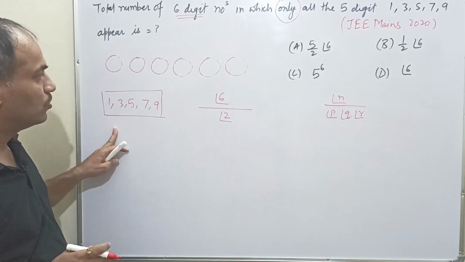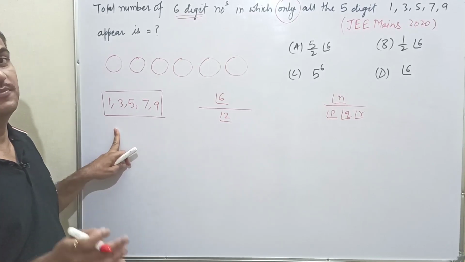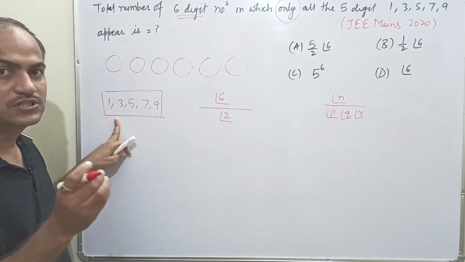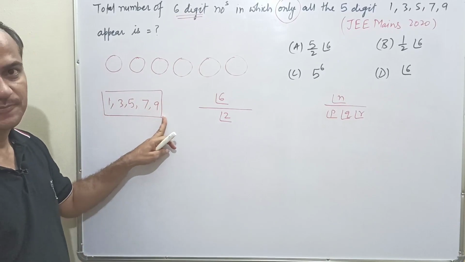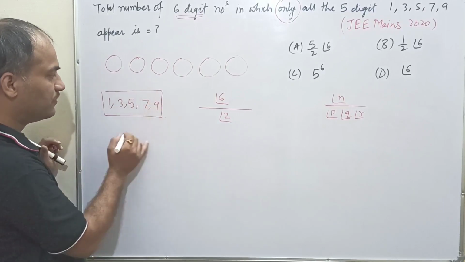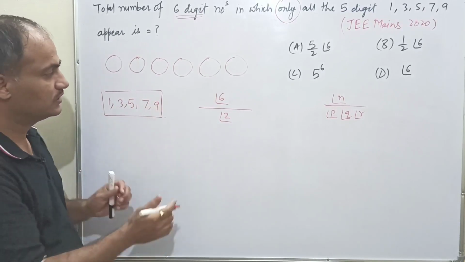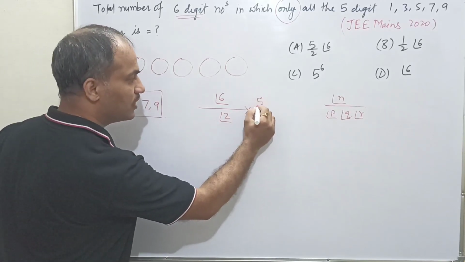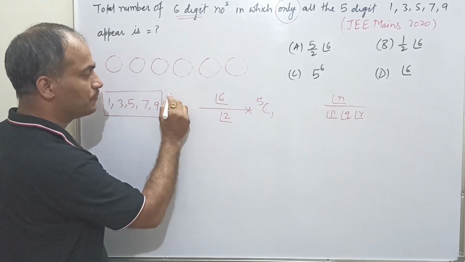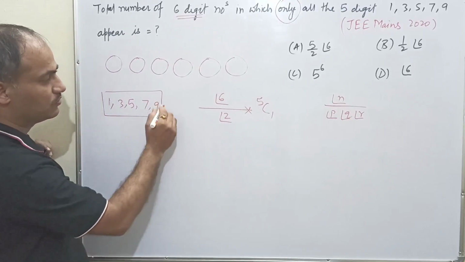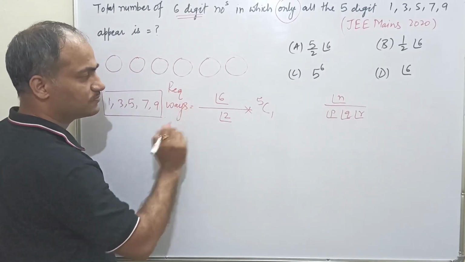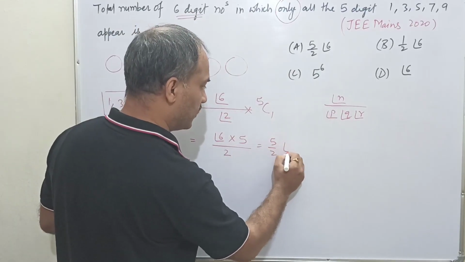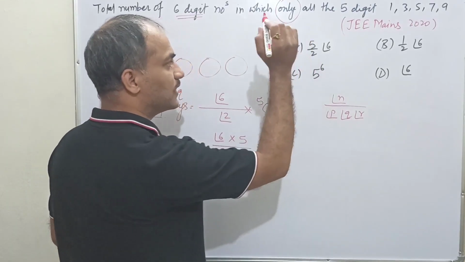Now the question comes, which digit will be repeated out of these 5 digits? Any one. It means out of these 5 we have to choose any one digit, hence we multiply by 5C1. So these are the required ways: 5C1 into factorial 6 by factorial 2. We can see option A is correct.